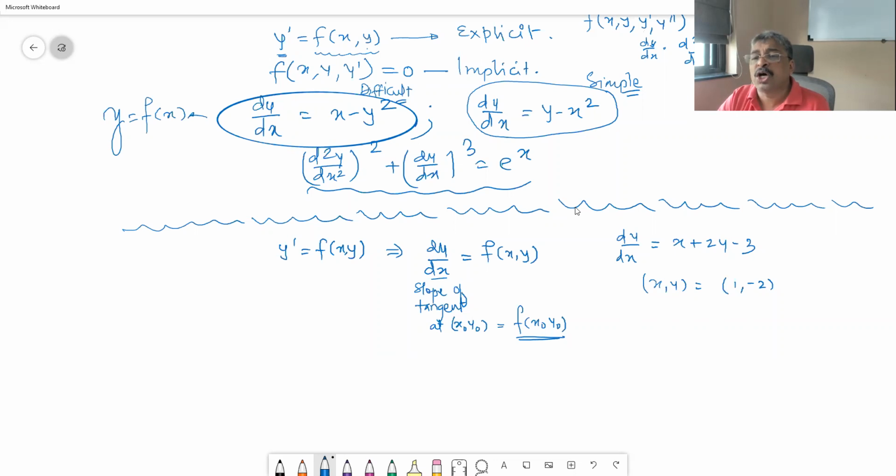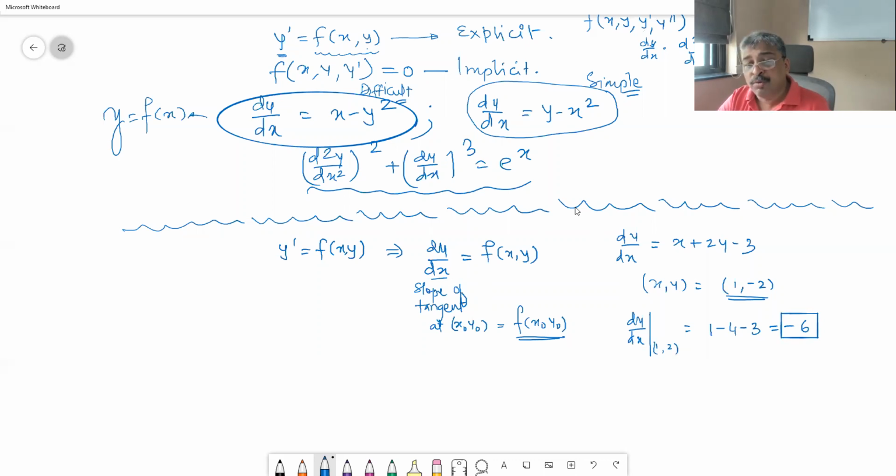But suppose we solve and try to plot, then at the point 1 comma minus 2, if we draw the tangent to that curve, we will get dy by dx at 1 comma minus 2, which is equal to 1 minus 4 minus 3, which is minus 6.